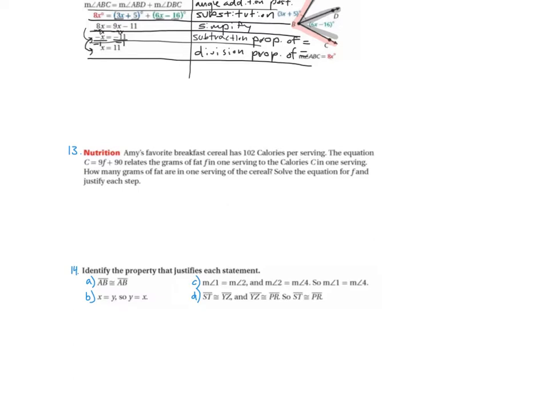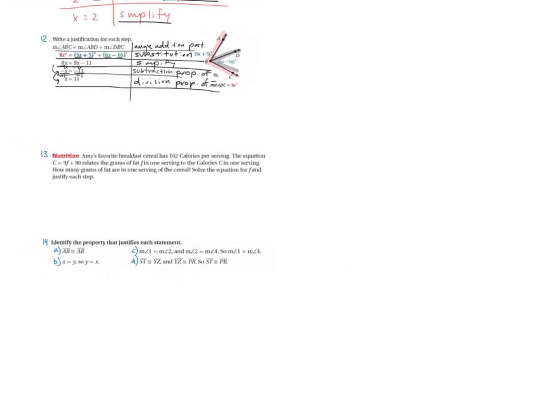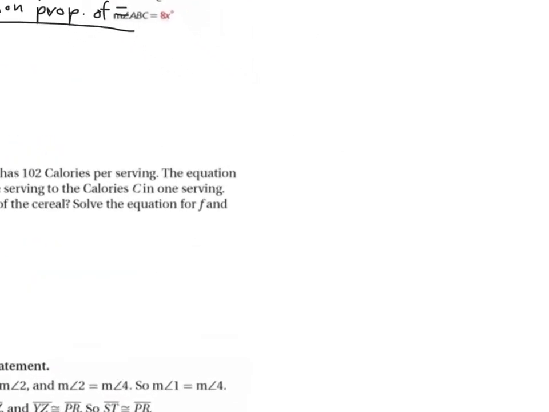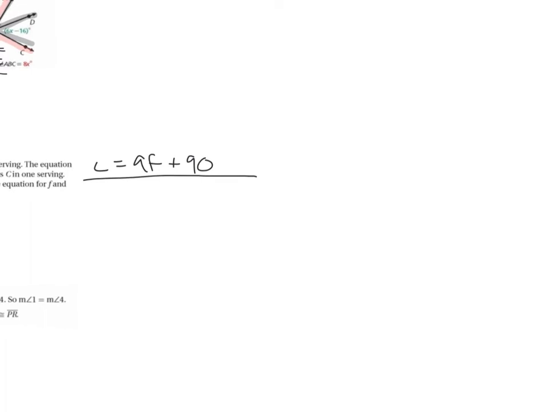How many grams of fat are in one serving of the cereal? Solve the equation for F and justify each step. So it gives us the equation C is equal to 9F plus 90. So if it gives us the equation, this step is given. It's the given equation.